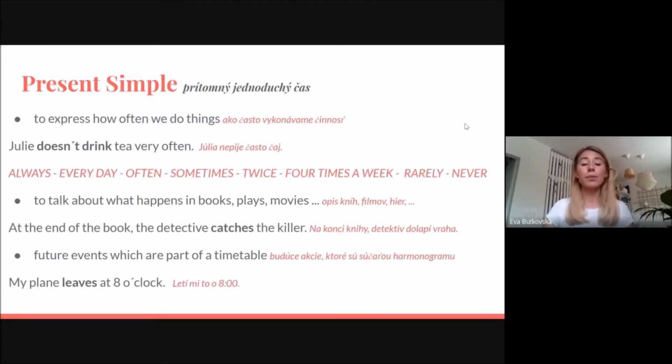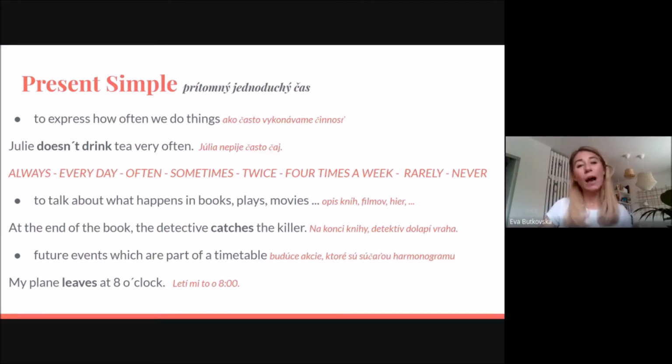We use present simple to express how often we do things. So we use the time adverbs. So for example, Julie doesn't drink tea very often. So we are expressing how often.